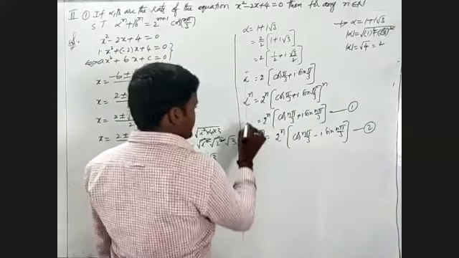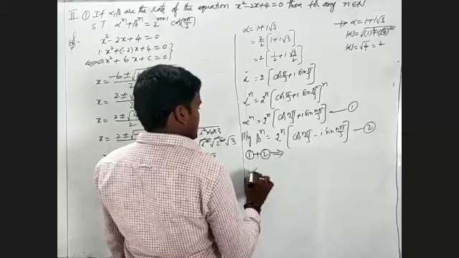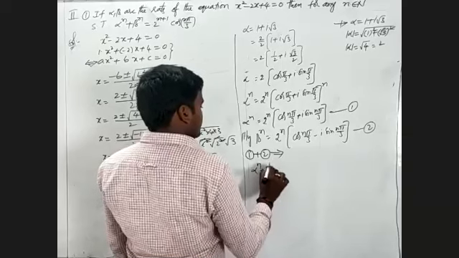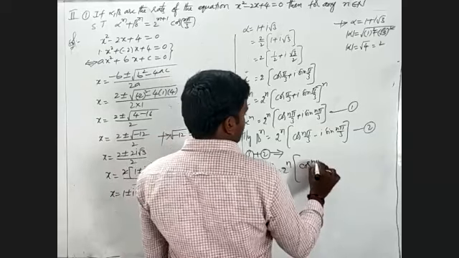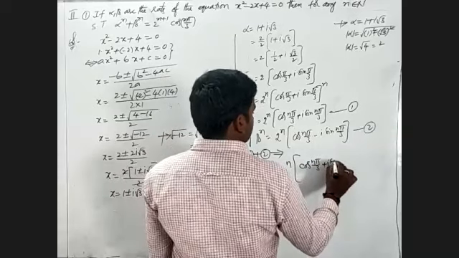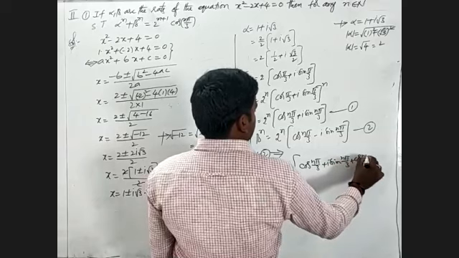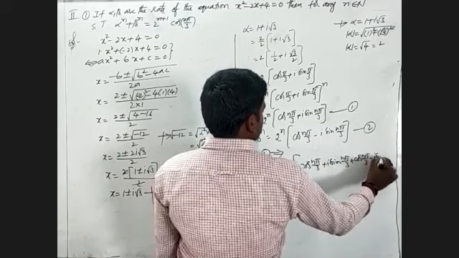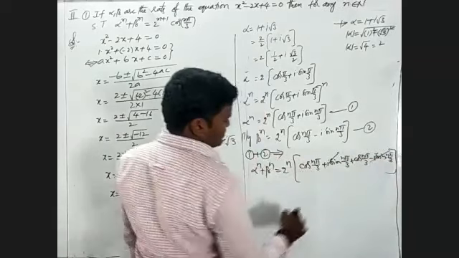Adding 1 and 2, we get alpha power n plus beta power n equal to 2 power n common, remaining we write cos n pi/3 plus i sin n pi/3 plus cos n pi/3 minus i sin n pi/3. Minus and plus will be cancelled.